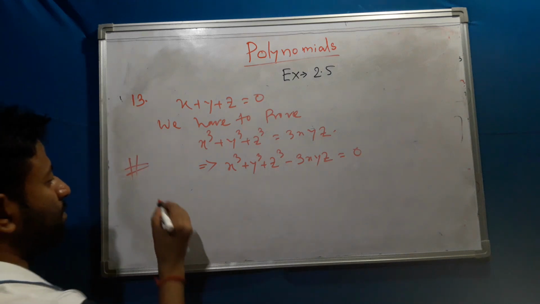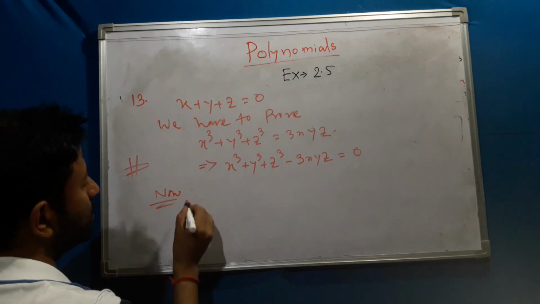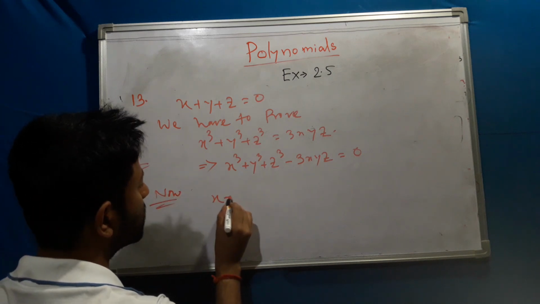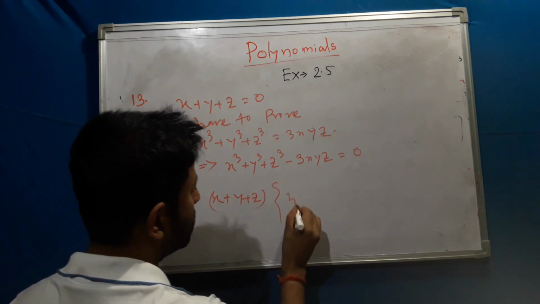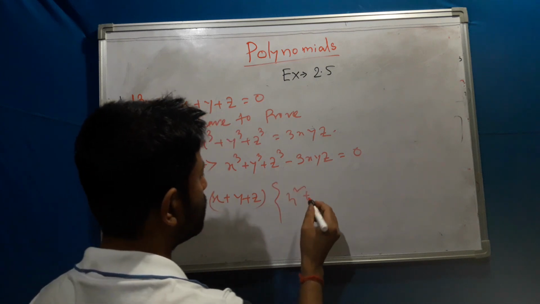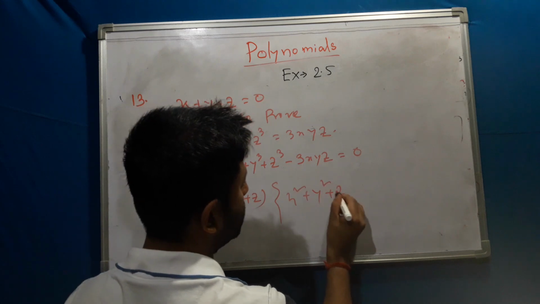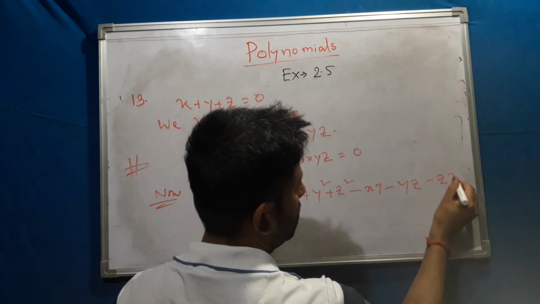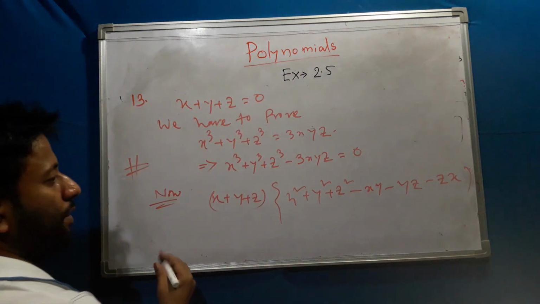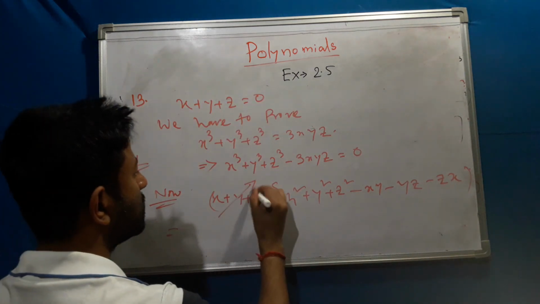Now what can I write in this sum? I can write this as x plus y plus z into x square plus y square plus z square minus xy minus yz minus zx. Now this term they have given as 0.